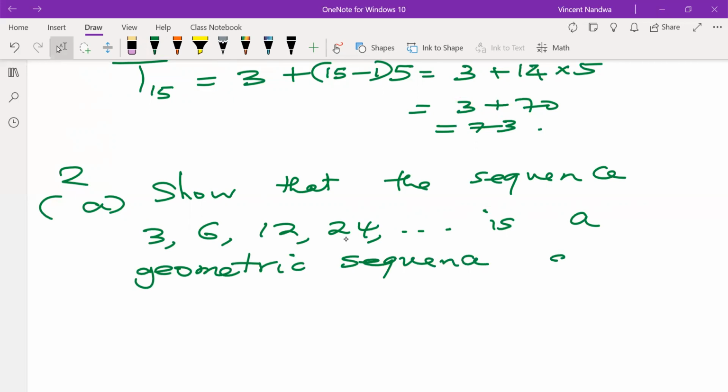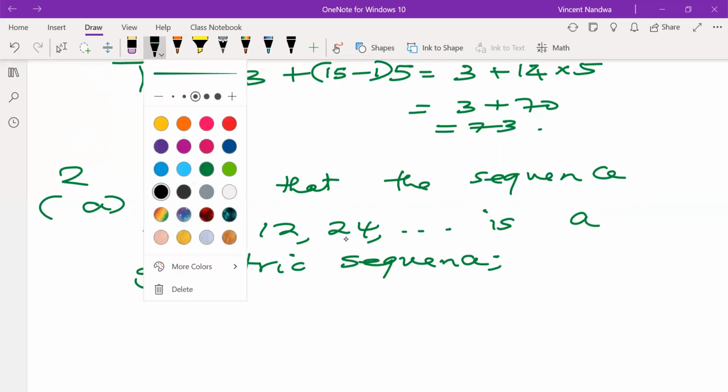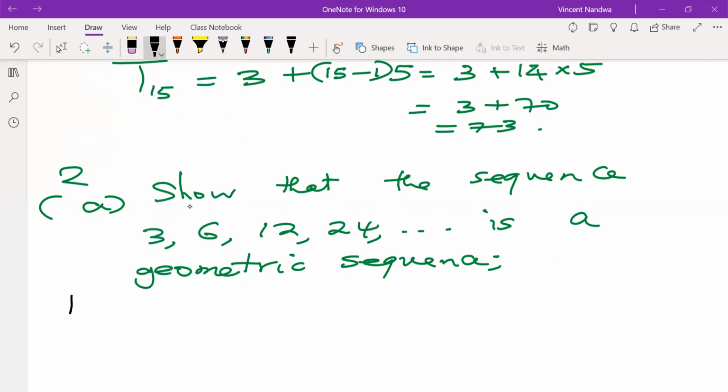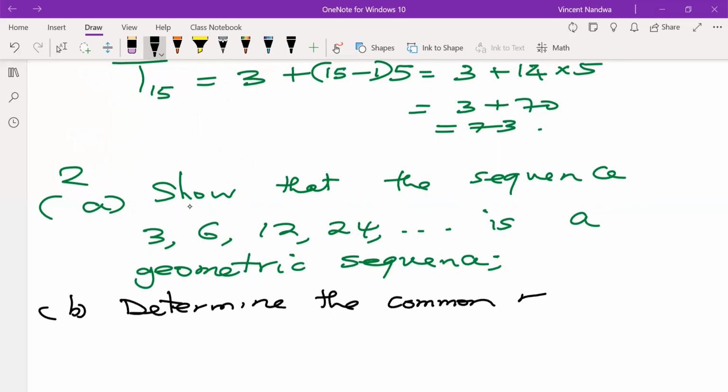And part B of the question is to determine the common ratio and hence find the sixth term.